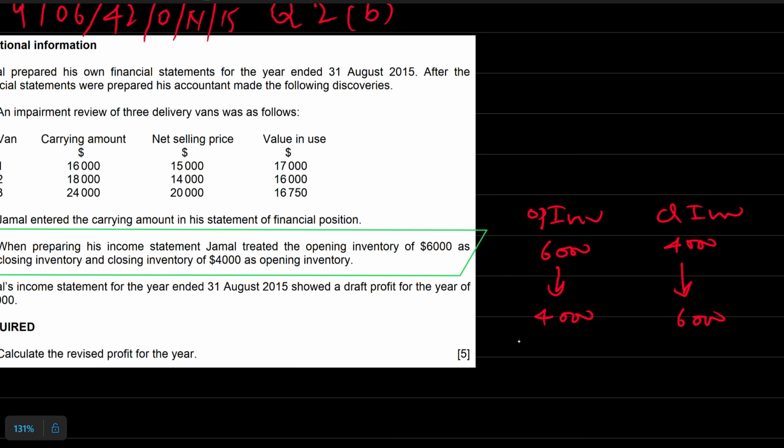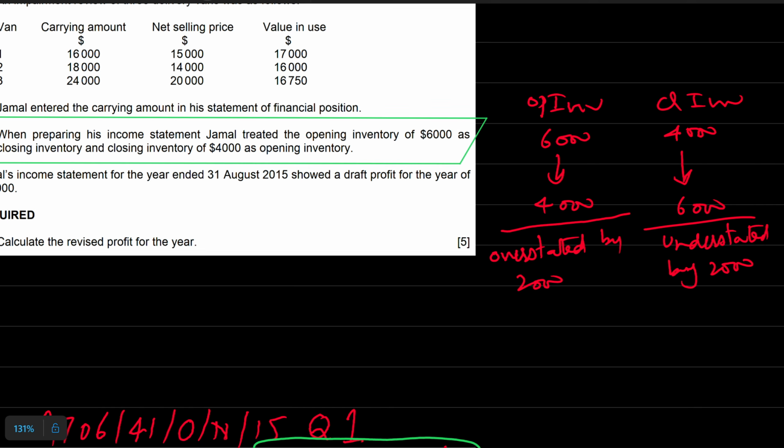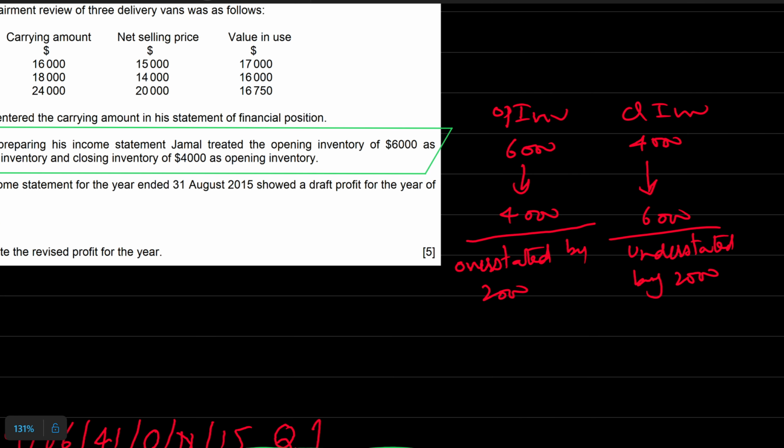It is clearly seen that opening inventory is understated by 2,000, while closing inventory is overstated by 2,000.